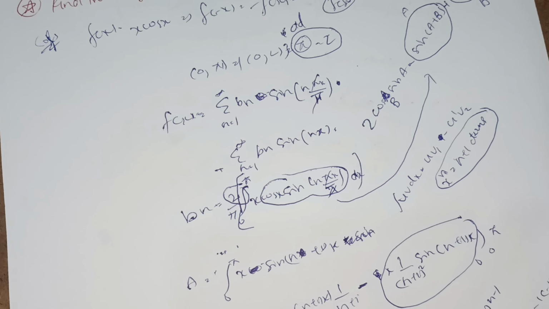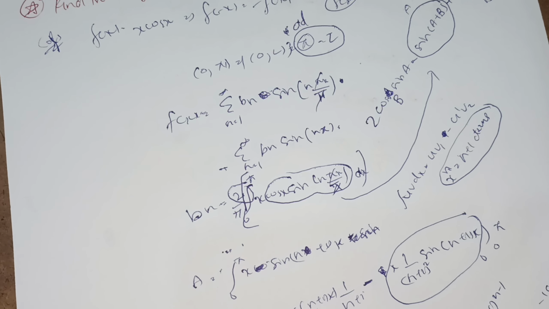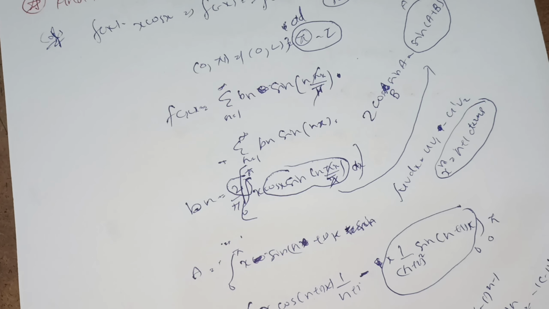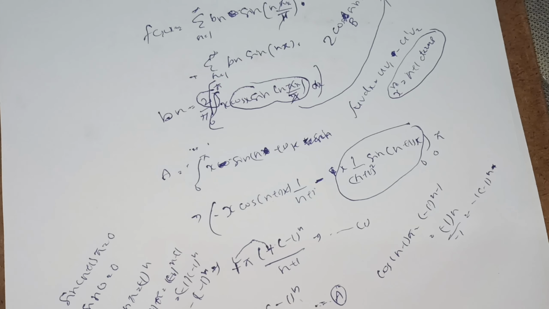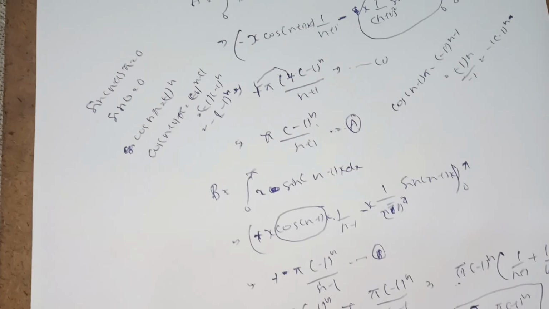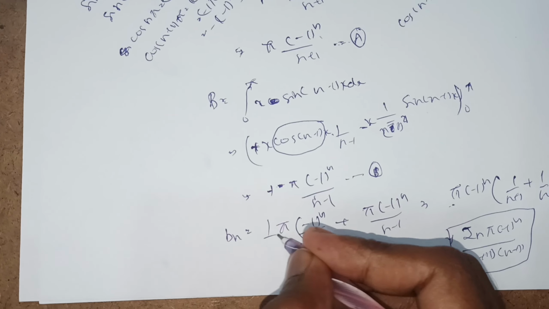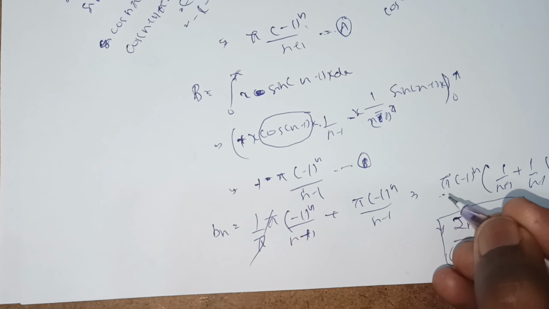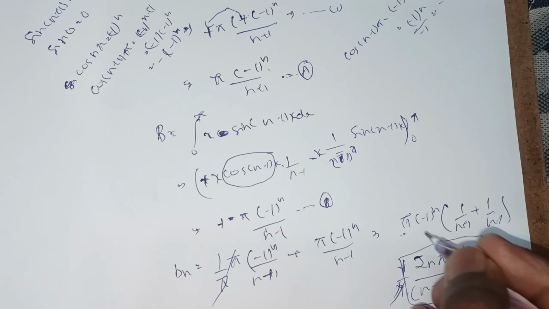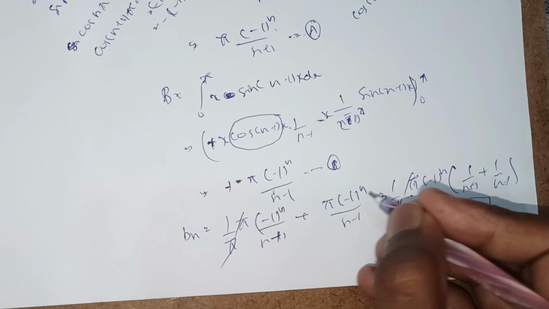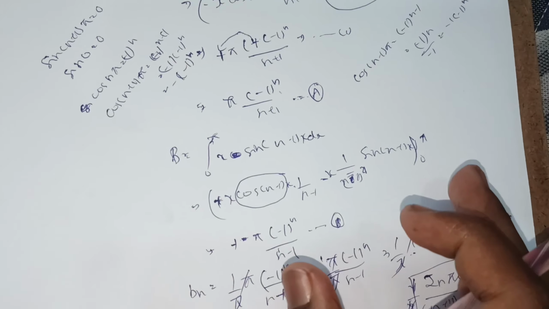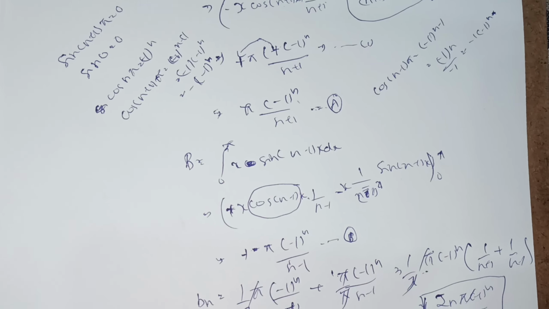So here x is multiplied to both sine of n plus 1 into x and sine of n minus 1 into x. So here 1 by pi was left here. So write it 1 by pi here. So in the bn value we should write it as 1 by pi here. So pi will be cancelled out. Here also pi will be cancelled out. Here also pi by pi is cancelled out. So here answer will be, we will see in the next page.